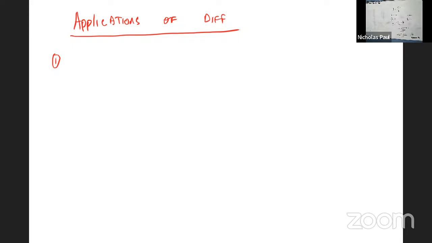So the first one is used to determine the gradient function. Right. Second thing it's used for is to determine maximum, minimum points.